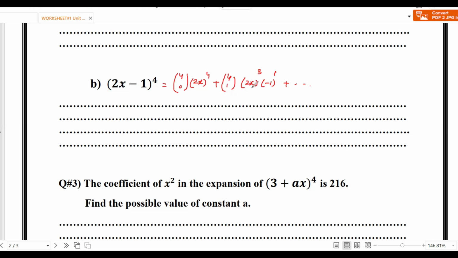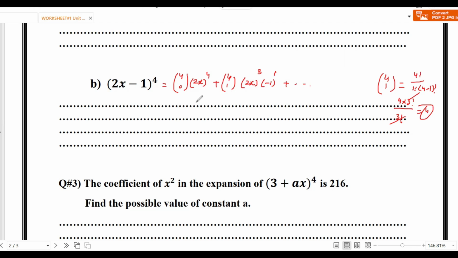So I will simplify the second term. And remember that 4 choose 1, this we can check in the calculator as well. But without a calculator, you can solve 4 factorial over 1 factorial, 4 minus 1 factorial. So that means 4 into 3 factorial over 3 factorial, it means the answer is 4.